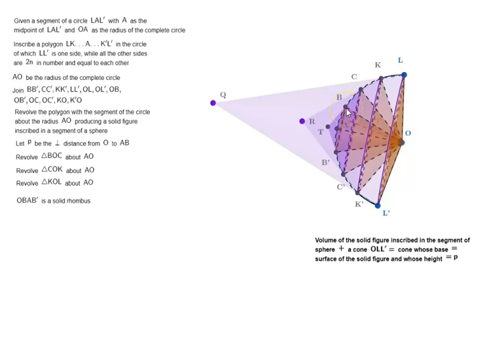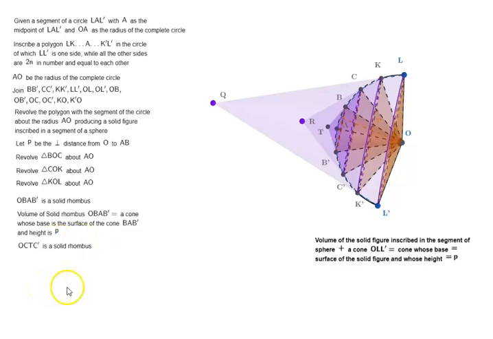O, B, B prime and A, B, B prime. These are the two cones forming this solid rhombus. And we know that the volume of the solid rhombus OBAB prime is equal to a cone whose base is the surface of the cone BAB prime and height is P.